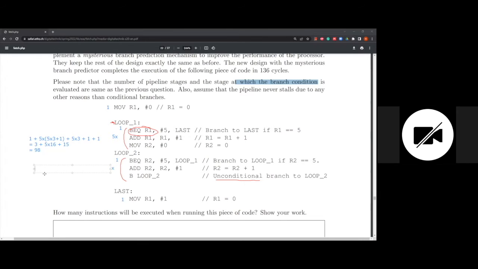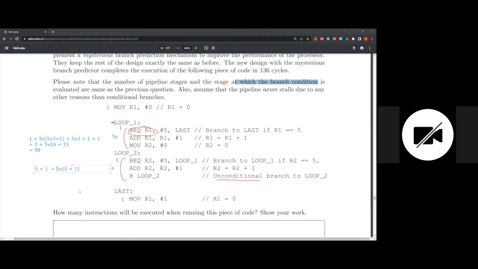In the loop 1 part, we execute the branch equal instruction 5 plus 1 times, so 5 times when the branch is not taken and once when it is taken. And for loop 2, you'll enter loop 2 5 times, and every time we enter it, the branch equal instruction will be executed 5 plus 1 times. So 6 times in total.